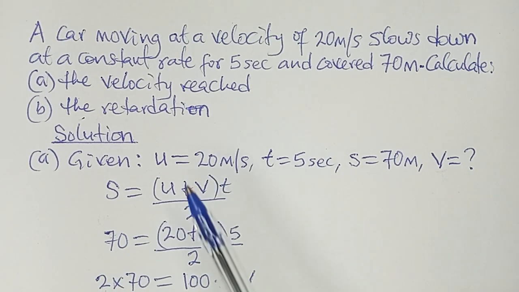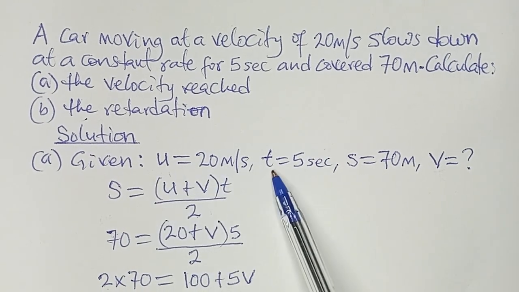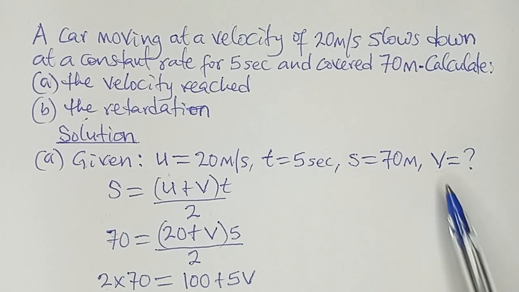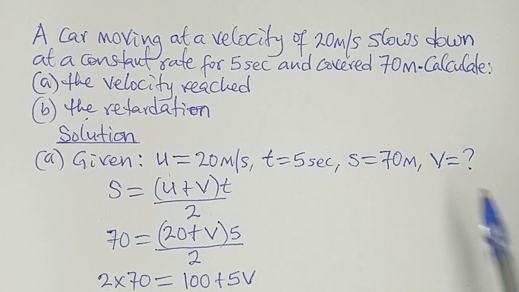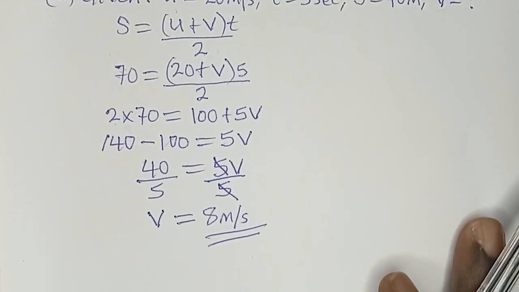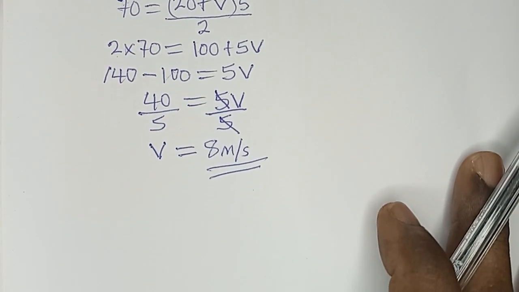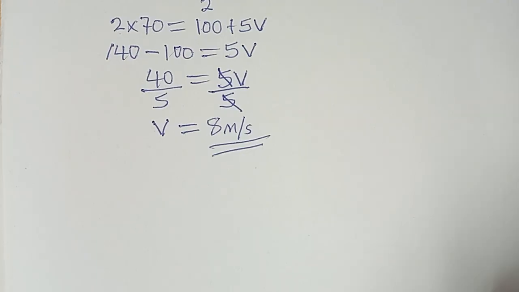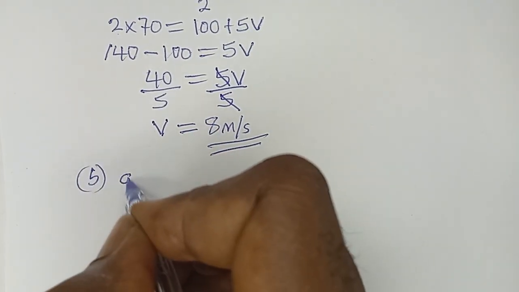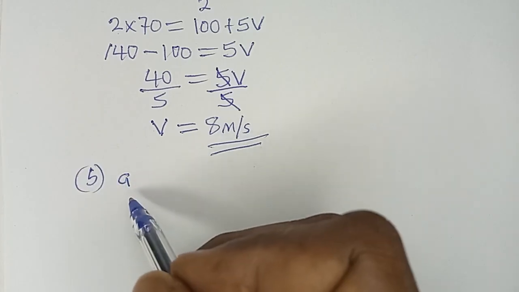Now, don't forget, we know U, we know T, we know S, we know V, because we have already calculated the value of V. So we are looking for A. The retardation, don't forget, retardation is negative acceleration. So the B part of the question is asking us for retardation, which is also equal to the letter A.